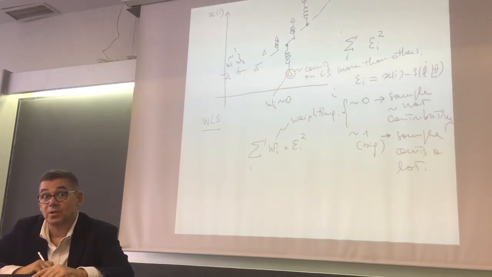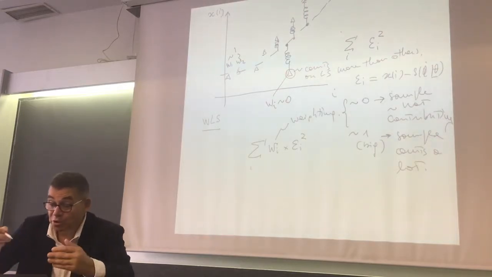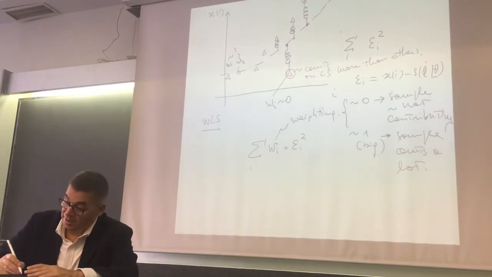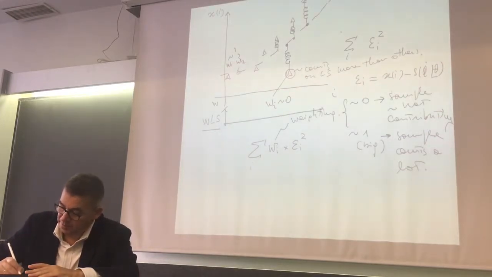So for this specific experiment, I distribute the weights as if they are approximately all 1, except this sample that is going to 0.